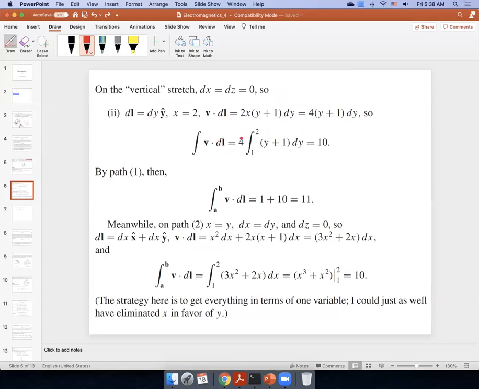So the integral of 4y plus 1 dy equals 1/2 y squared plus y.